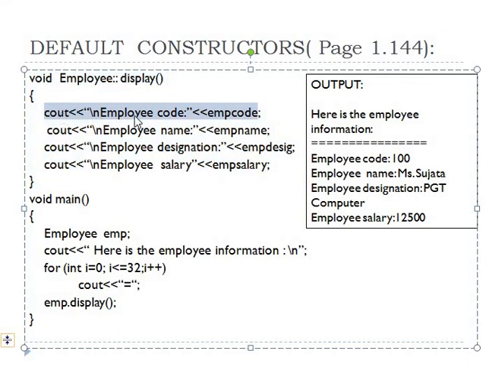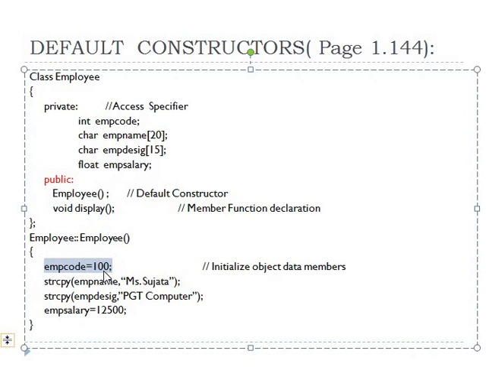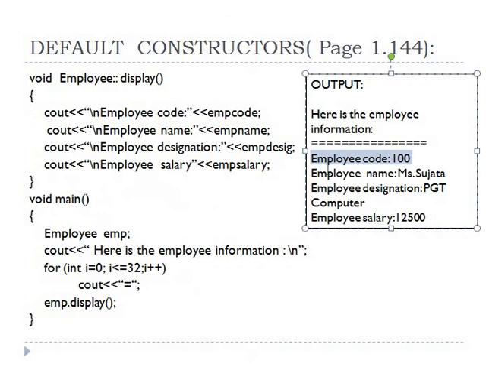It then prints the text employee code in the output, followed by the value assigned to the data member emp code. Now as I have assigned the value 100 to the data member emp code during the initialization process of this constructor known as employee, I get to see employee code 100 as the output.